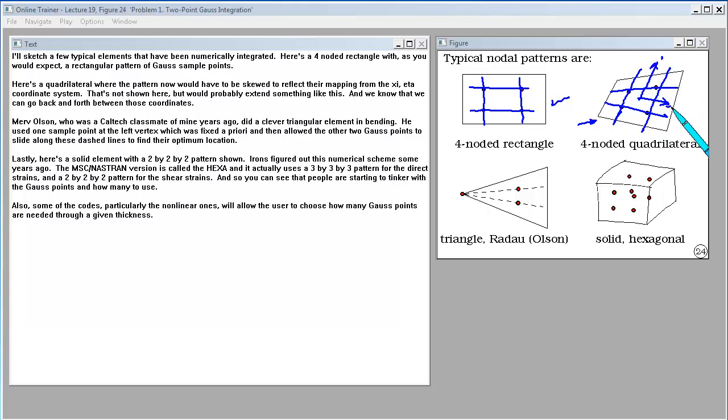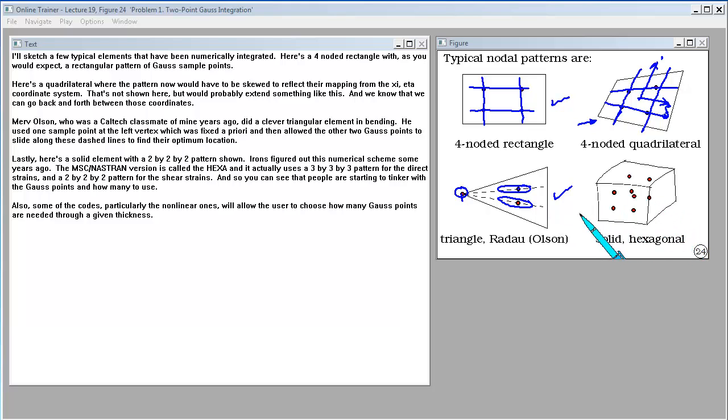We know that we can go back and forth between those coordinates. Merv Olsen, who was a Caltech classmate of mine years ago, did a clever triangular element in bending. He used one sample point at the left vertex, which was fixed a priori, and then allowed the other two Gauss points to slide along these dashed lines to find their optimum location.